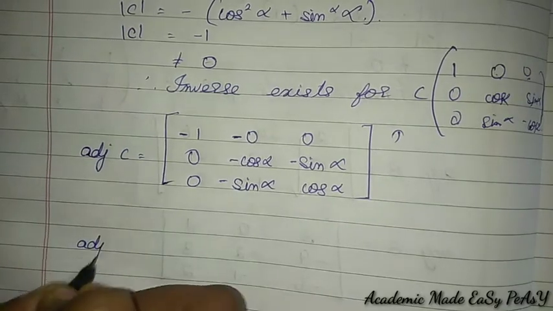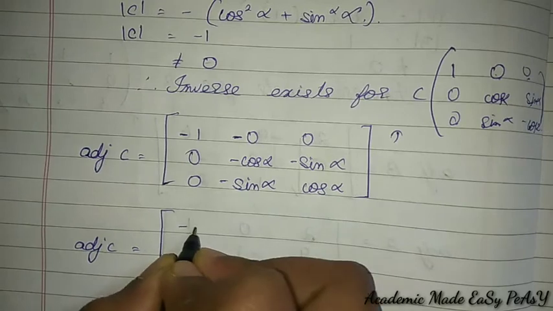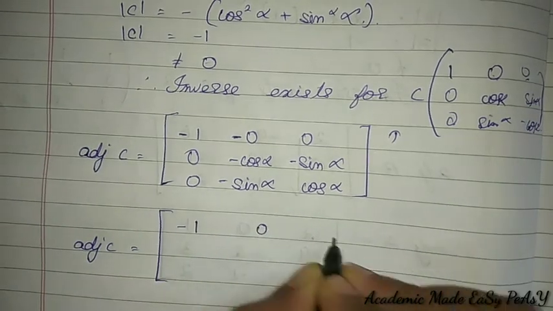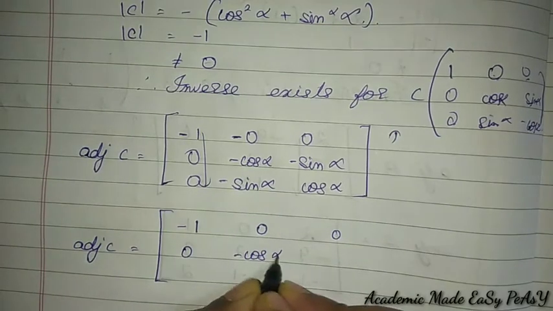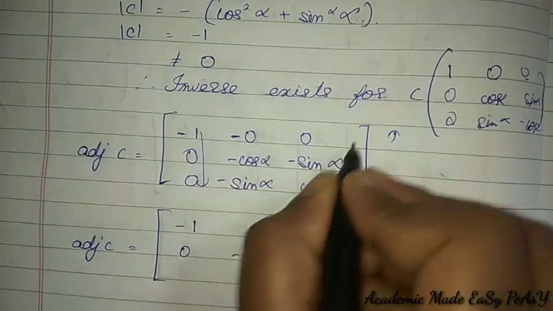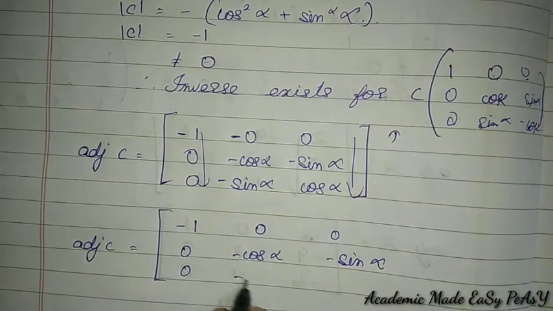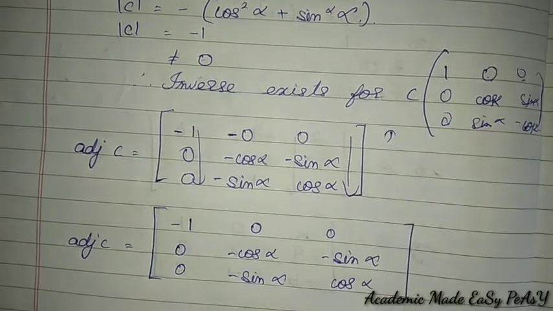So adjoint C is equal to minus 1, 0, 0. This one, no? So 0 minus cos alpha minus sin alpha, and here this third row, 0 minus sin alpha cos alpha.